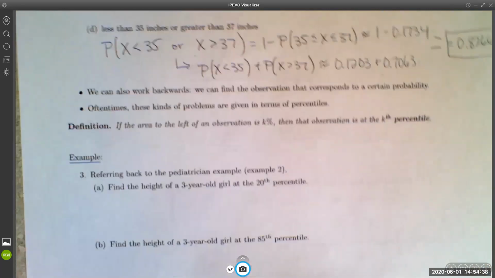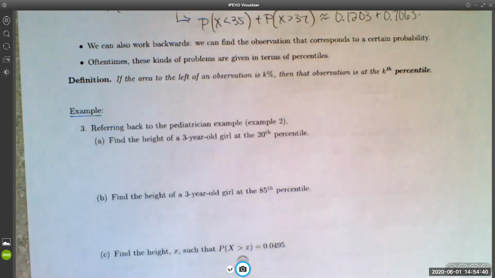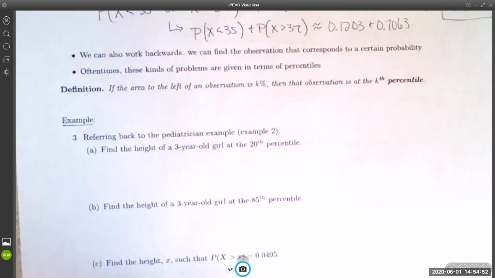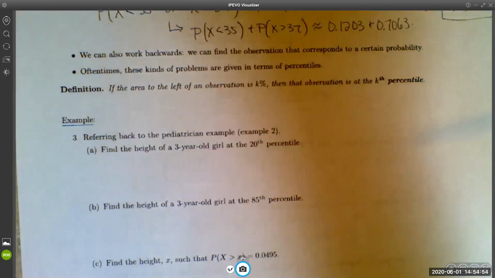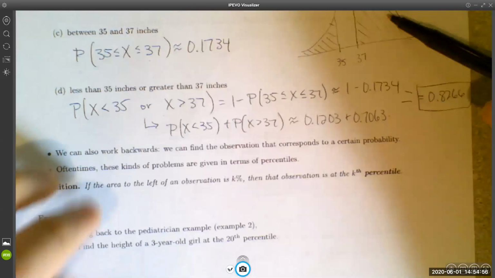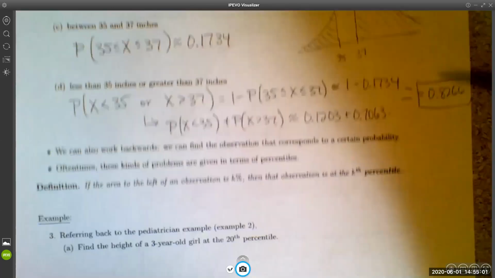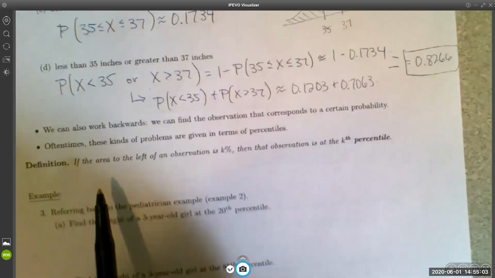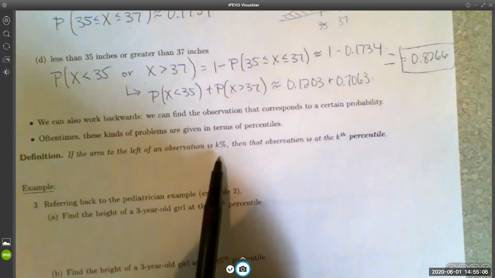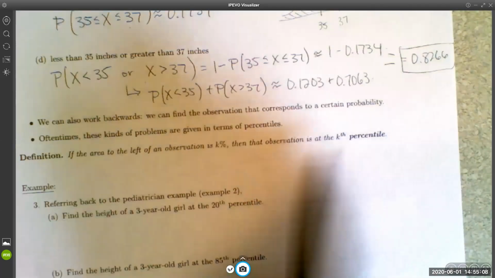Now, earlier on in the course, I said that we would come back to the concept of percentiles when we had better tools to be able to compute them. Well, we have better tools now. So we're going to talk about percentiles again. Percentiles are basically just probability problems like this, only you're being asked to work in reverse. As a reminder, if the area to the left of an observation is k%, then that observation is at the kth percentile, right?